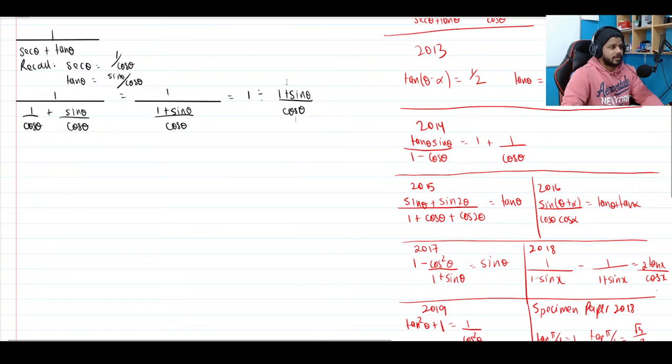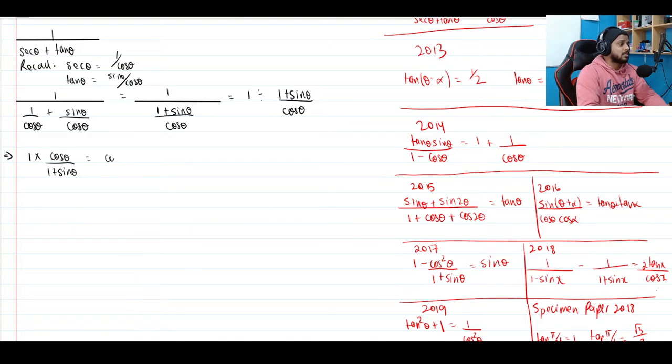And when we are dividing by a fraction, we must invert and multiply. So this becomes 1 multiplied by cosine theta over 1 plus sine theta, which is cosine theta over 1 plus sine theta.